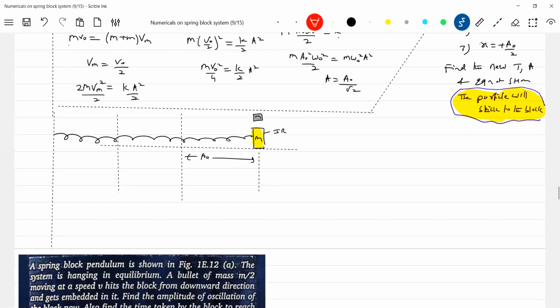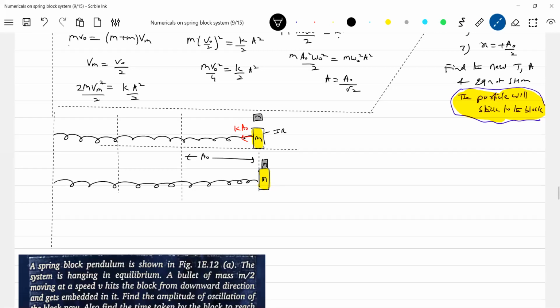What is the spring force? How much will act? K A naught. Just after adding, the mass of the system will become 2m. Will anything happen to the time period of oscillation? It will change. Okay, the time period of oscillations is going to change.